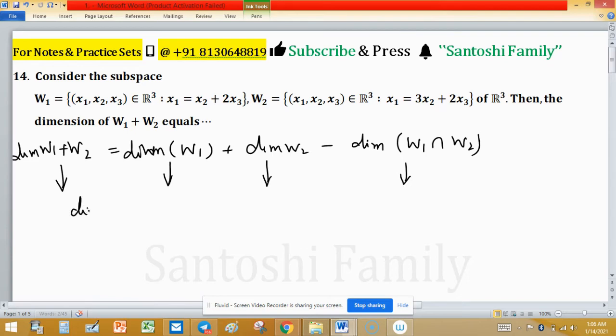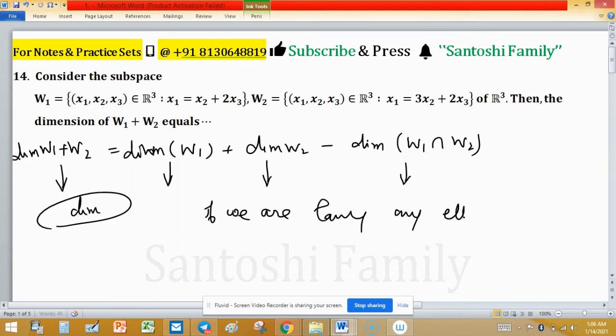What is the meaning of dimension? If we are taking an element from W, any element from the set for which we have to find the dimension, then at how many positions are we independent or free?